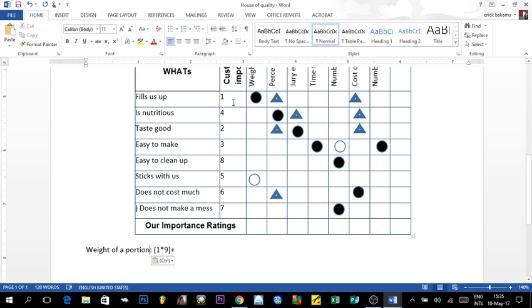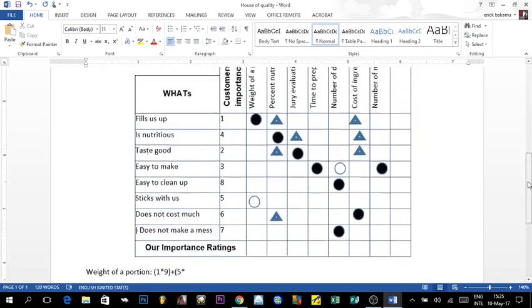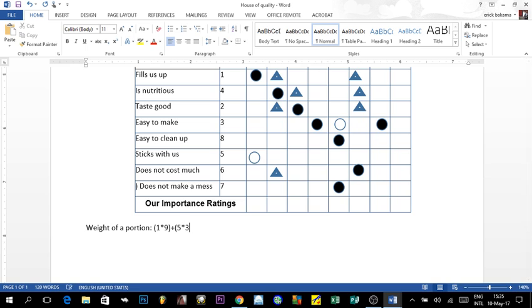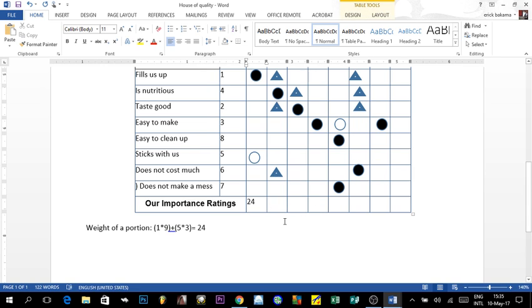It's 1 because we are weighting it according to the fills up and the rating that we have. So the rating is 1 here times 9, we have our value, plus 5 times this value here, which according to the legend must be 3. So the value that we have is 9 plus 15, which gives us 24. Now the rating on this part will be 24.